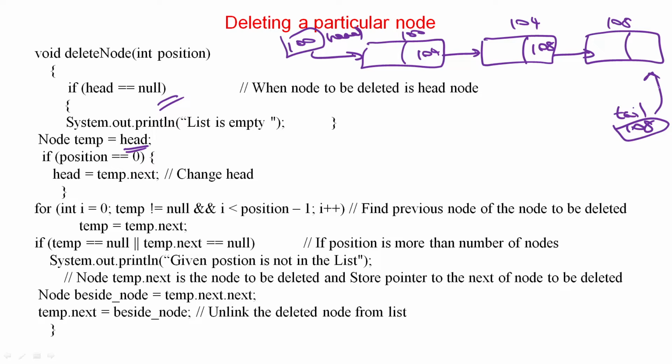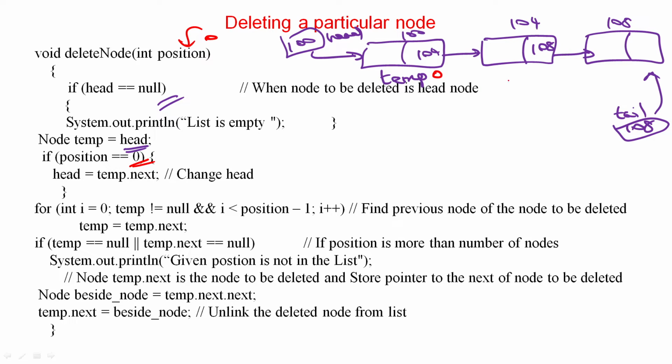Now the head is assigned to the temporary variable. Then we have to give the position, that is, after which node we are going to delete. If position is 0, then what happens?